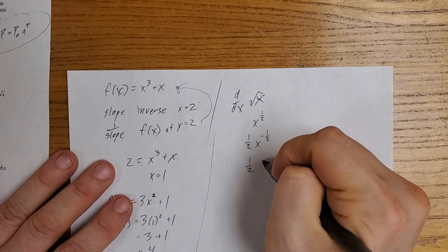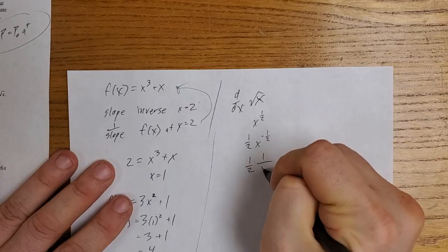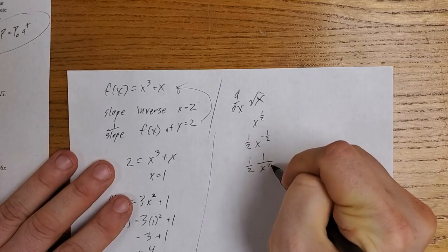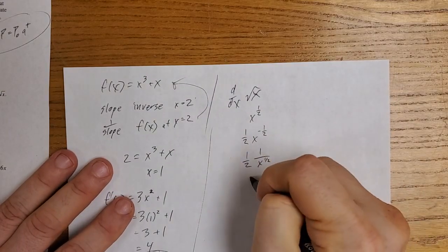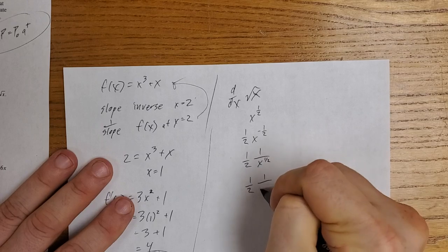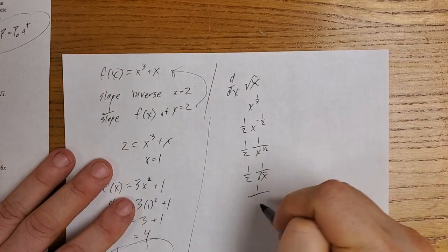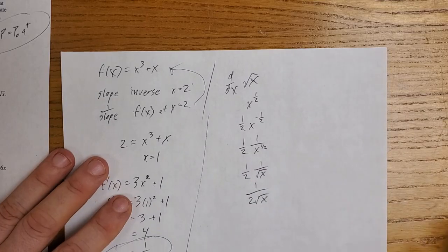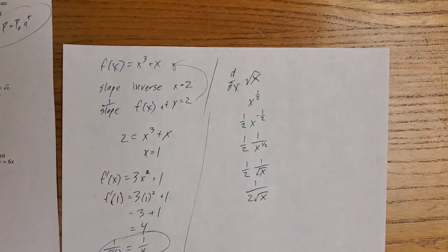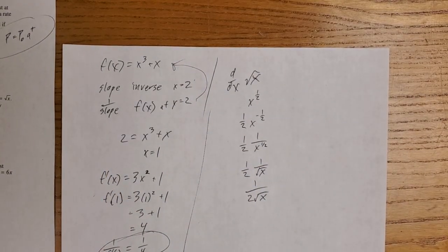So we start by taking the reciprocal, 1 over x to the half, and then we can even go as far as to say 1 over the square root of x, or if you prefer, just 1 over 2 square roots of x.